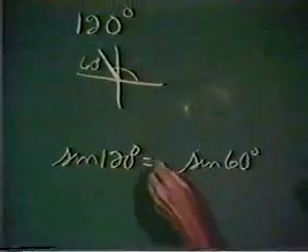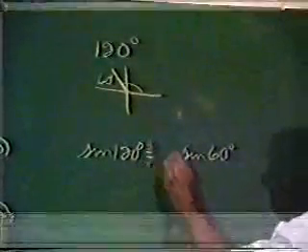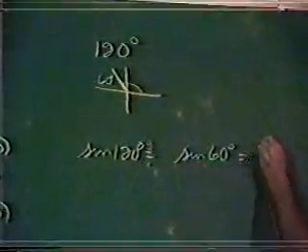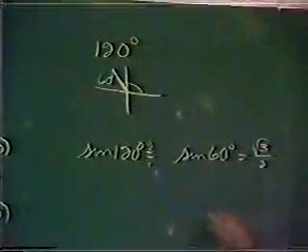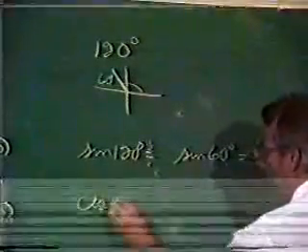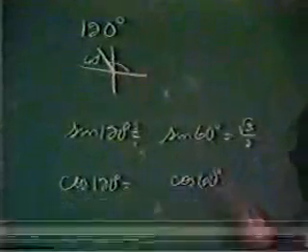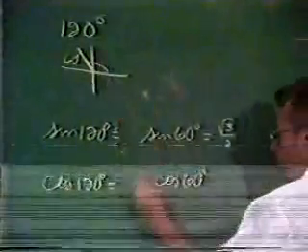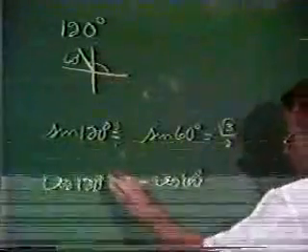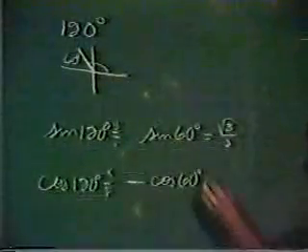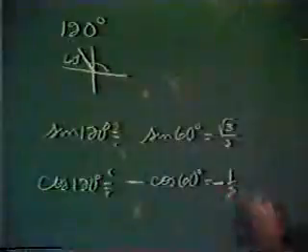Quadrant 2, sine is y over r, that's positive. So this will be a positive square root of 3 over 2. The cosine of 120 degrees is the cosine of 60 degrees. That's in quadrant 2, so that makes this negative. Cosine is x over r. And so that makes it a minus 1/2.